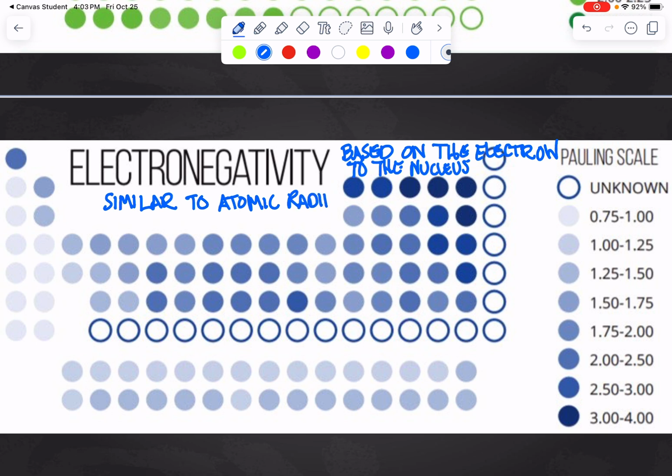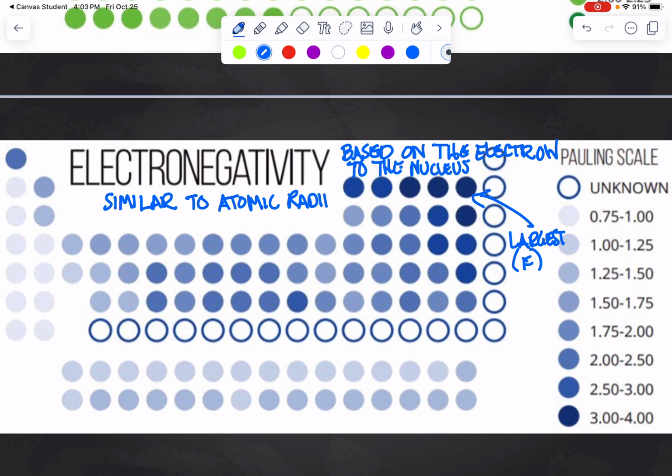So you would argue that the greatest or largest electronegativity is fluorine, and it has an equal number of protons and electrons, and they are tightly bound to that nucleus because of the attraction that they have with each other.